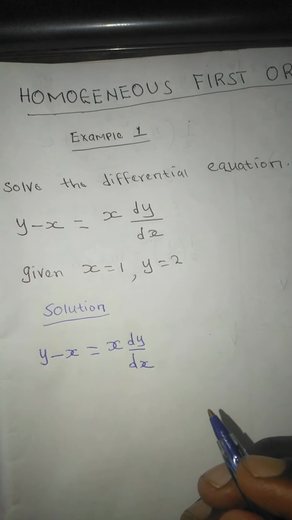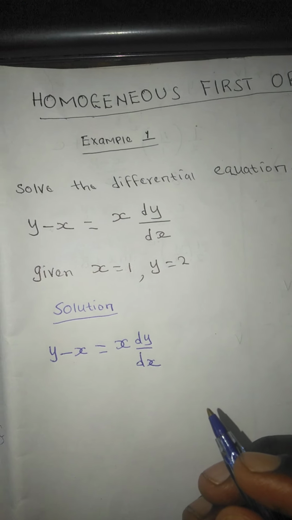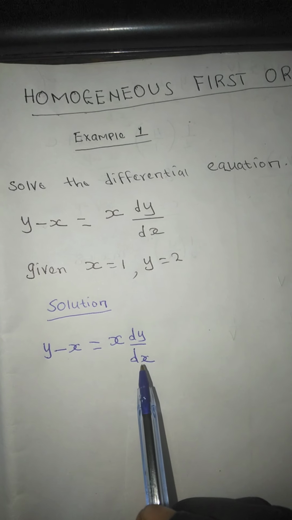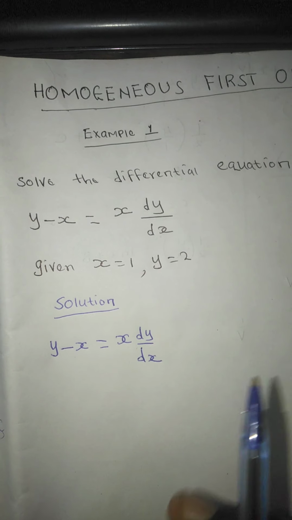So the first thing is to rearrange the variables. That is, we remain with dy over dx on one side.